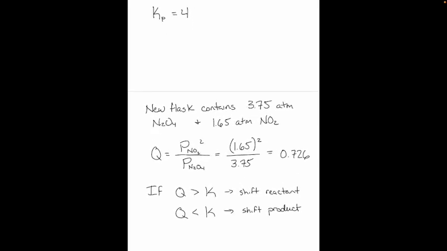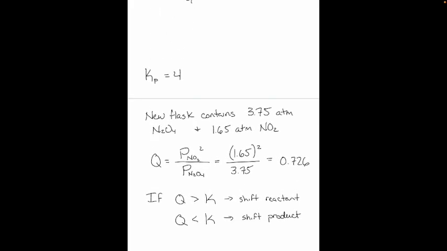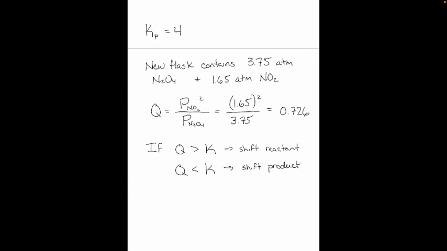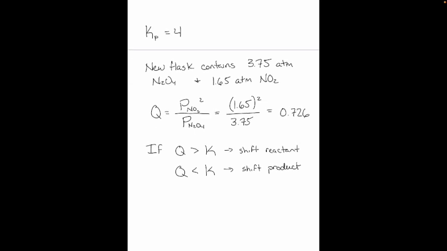So based on my Kp value of 4 and my value for Q of 0.726, am I going to shift this? Is this reaction going to continue in favor of the products, or is it instead going to go in the reverse direction towards the reactants? My value for Q is less than that of K. Right? So this one will just continue to react towards the product side here.